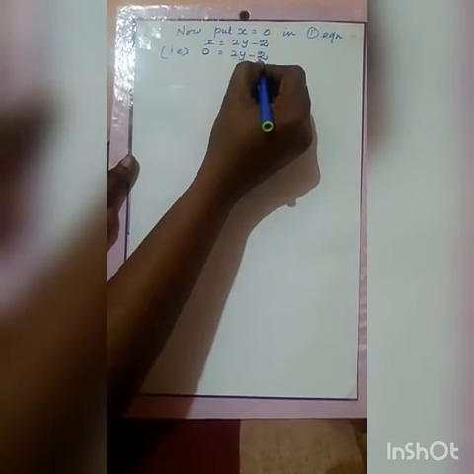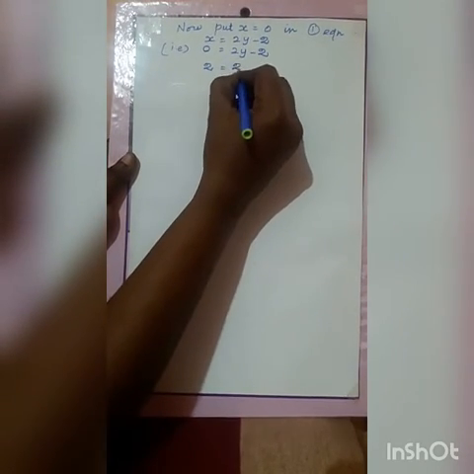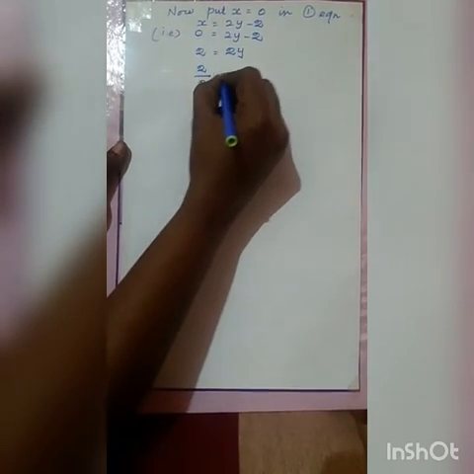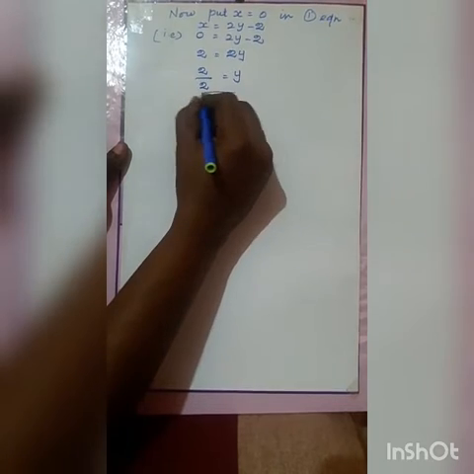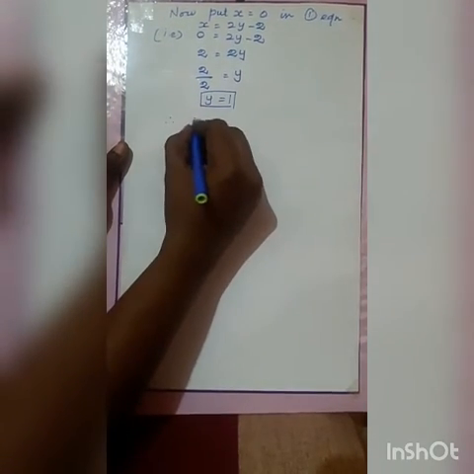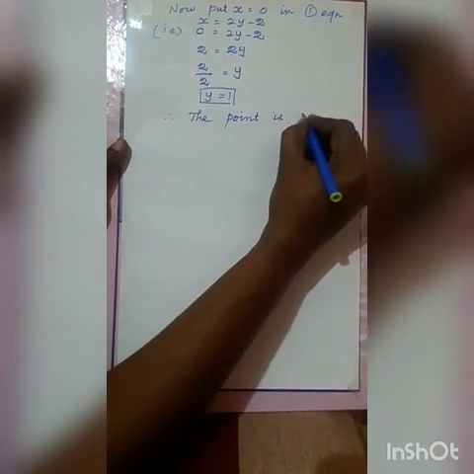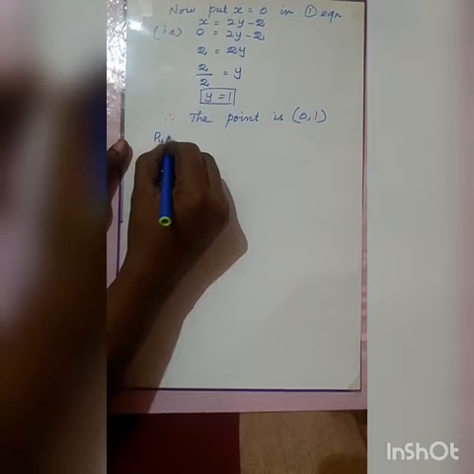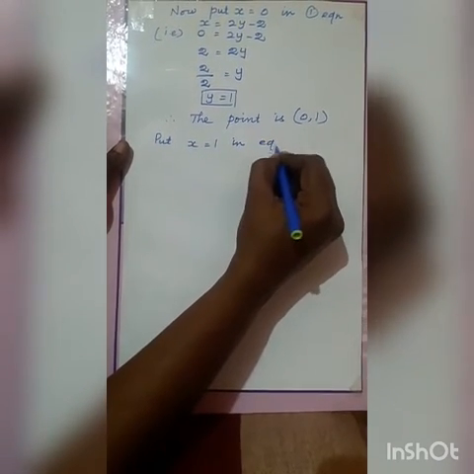While transposing, minus 2 becomes plus 2. That is, 2 is equal to 2y. Therefore, 2 by 2 is equal to y. Therefore, y is equal to 1. Therefore, the point is (0, 1).